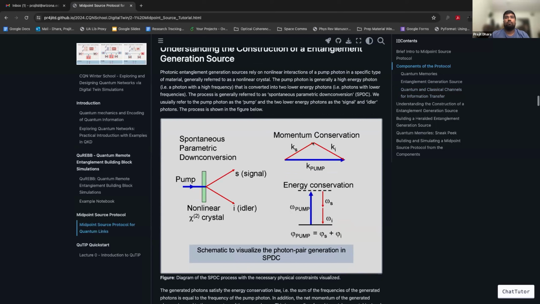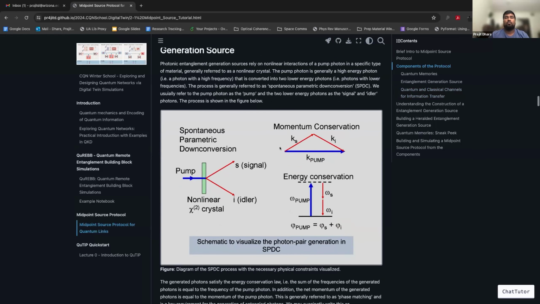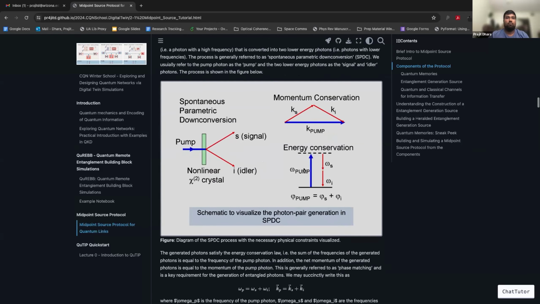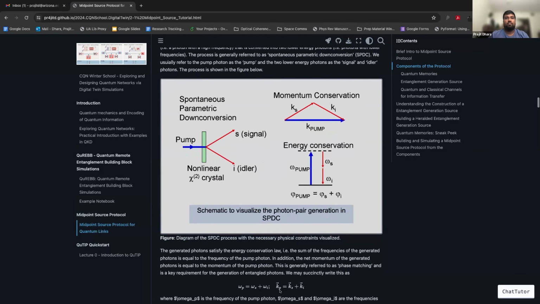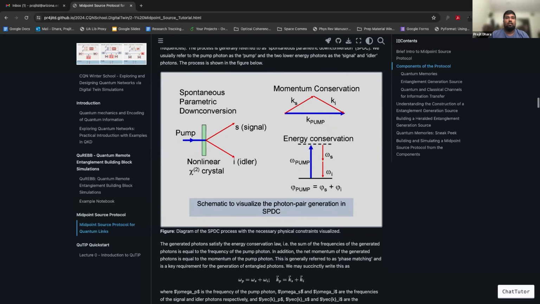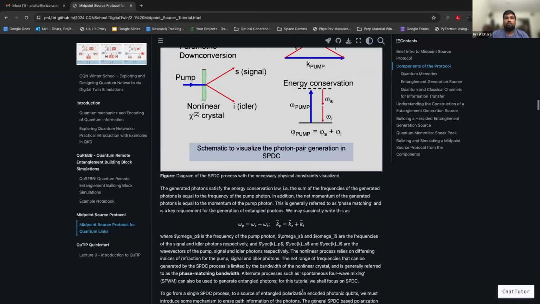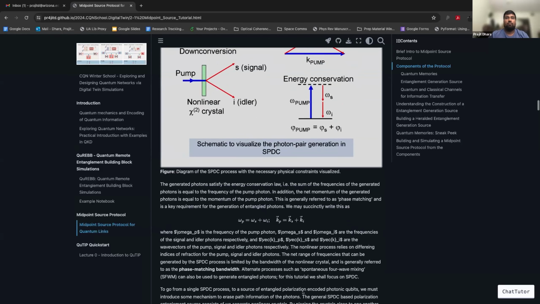Additionally, we need to maintain momentum conservation, where the intrinsic momentum of the pump photon, given by k_pump, is also reflected in the total momentum of the signal and idler photons. This is shown by this triangle diagram, or can be expressed as the k vector of the pump photon being the sum of the k vectors of the signal and idler photons. This is the basic requirement, from a high level, of what goes on in a nonlinear process.